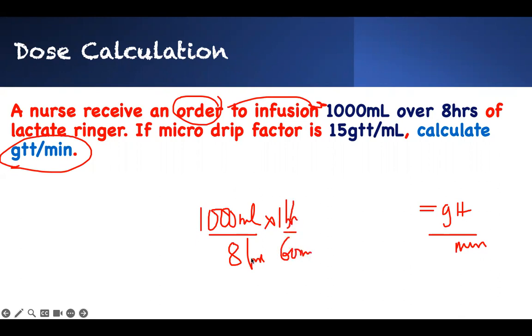Then I cancel the hour right away. Now the available is the drip rate they've given you. Your drip, GTT, has to be on top, so I will leave it that way. 15 GTT, that's the drip, over ml. And I see ml cancels. And you can see you have drips per minute. So you have what?